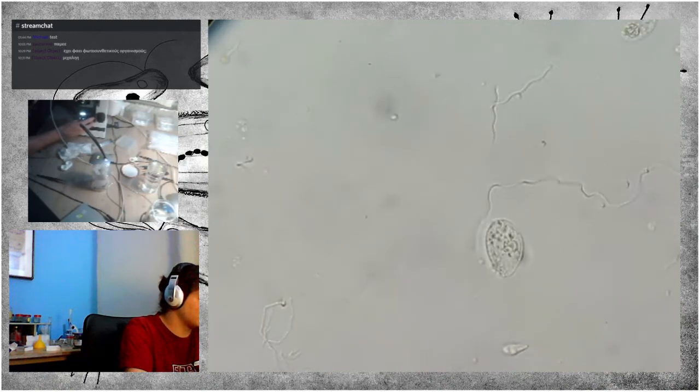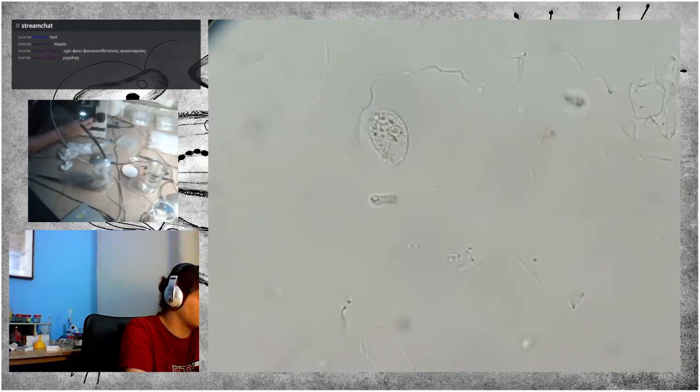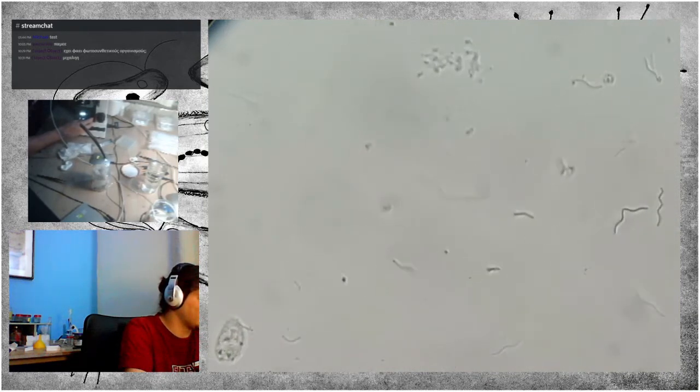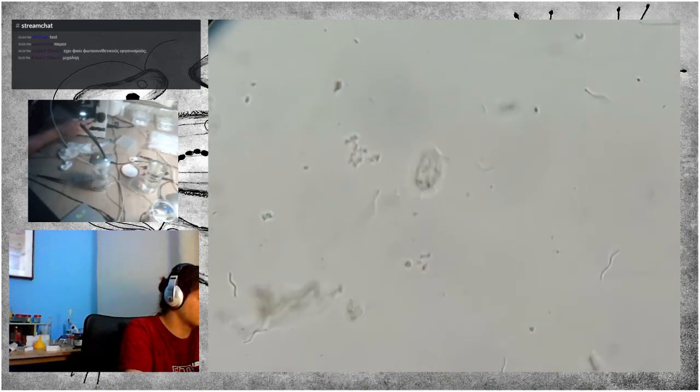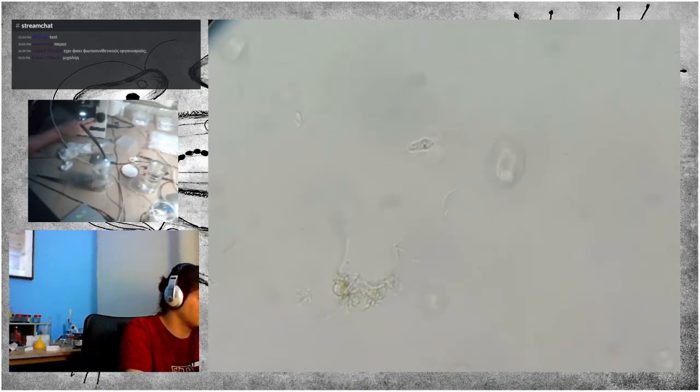Now here is a very fast spinning spirochete. Two of them actually. The one is bigger. They move by spinning their flagellum and corkscrewing through the water.